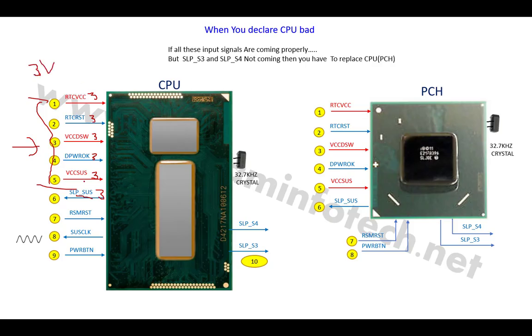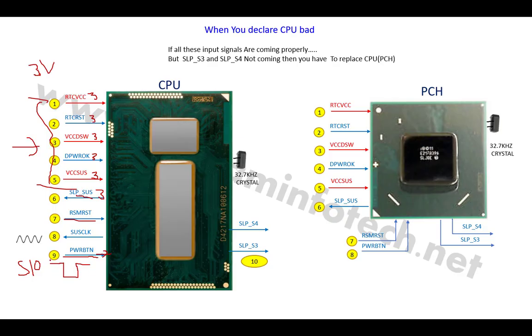Now once it gets this RSM RST, and then it gets the signal power button or the DNB power button, which is coming from the SIO, this signal, the 3-0-3 bounce sent by the SIO, is going to the CPU or the SOC.